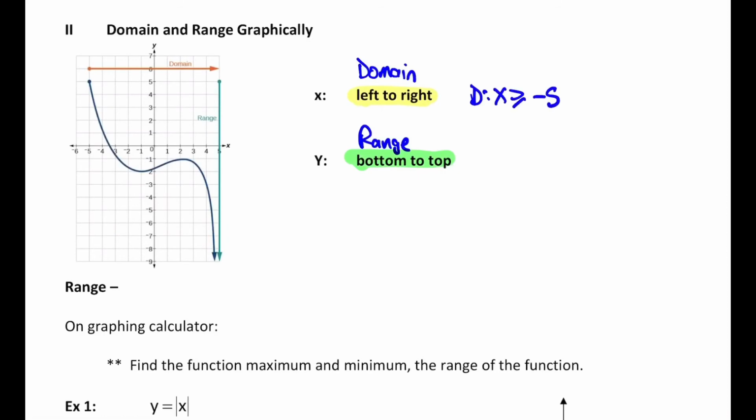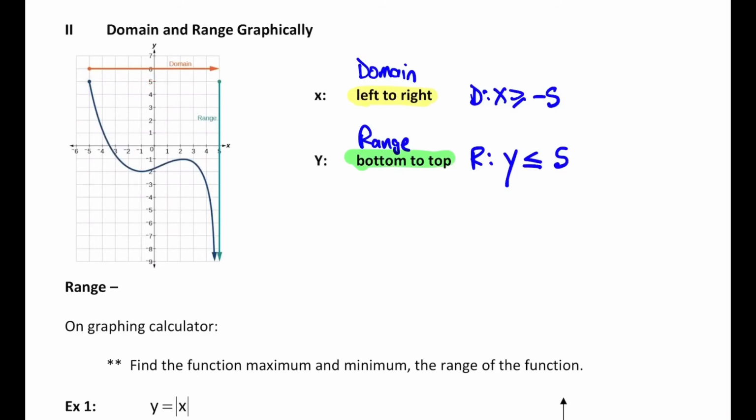My range would be all the y values. So this is the uppermost value, and then the function goes this way forever. So my range, I use r, and we're going to use y for the range, is going to be y is less than or equal to positive 5, because that is the upper value right there.